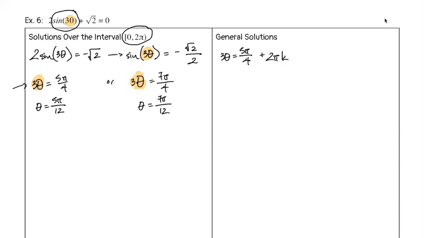When we divide everything by 3, we get theta equals 5 pi over 12 plus, well, you have to divide that 2 pi k by 3 as well. You have to divide both parts by 3. So when we divide that second part by 3, we get 2 pi over 3 k.